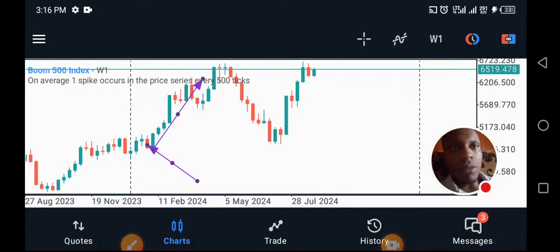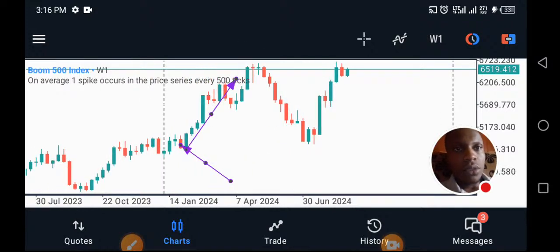Remember, you can see this move up here. You can see this move here. So this is our order block.